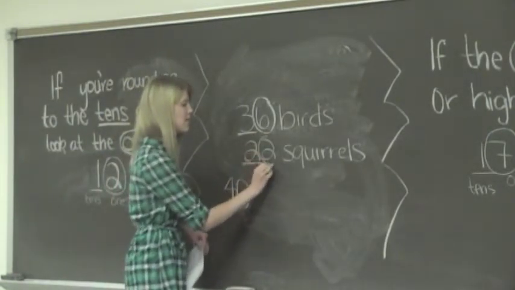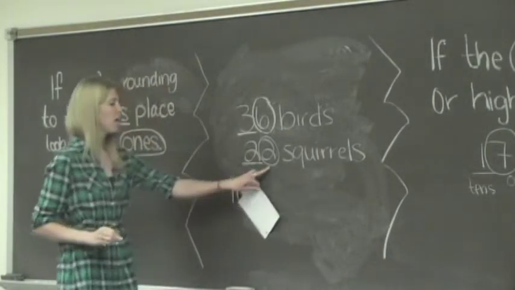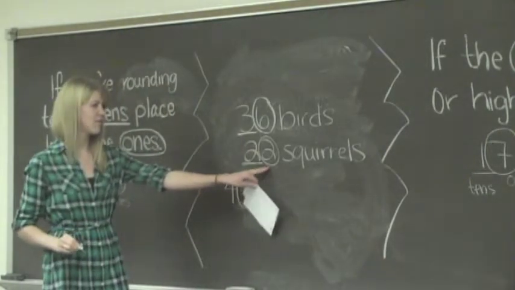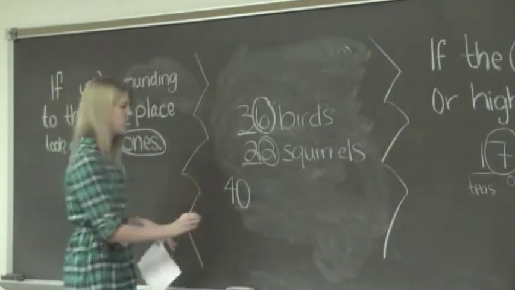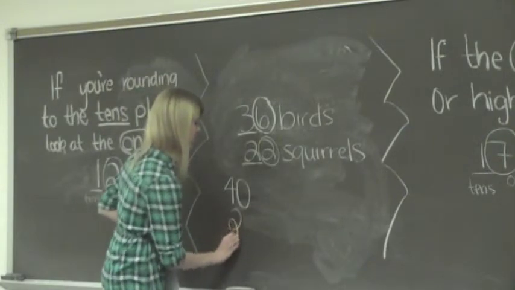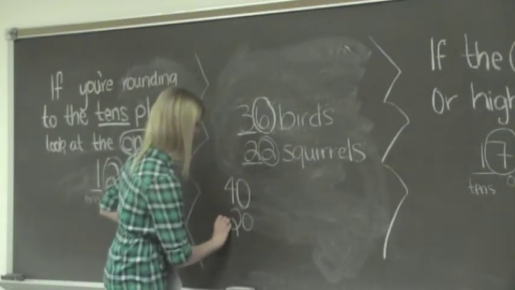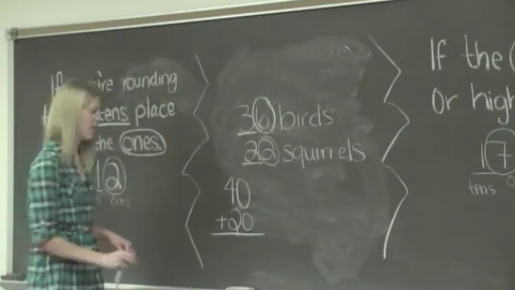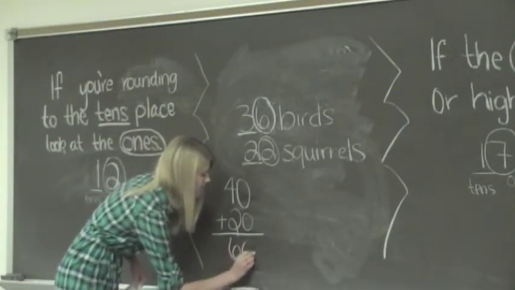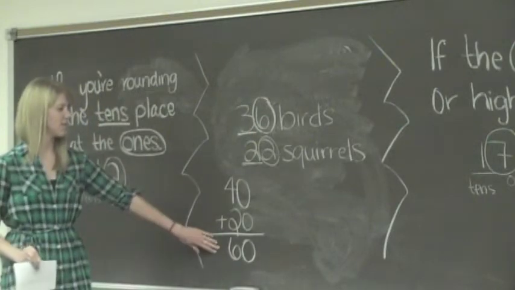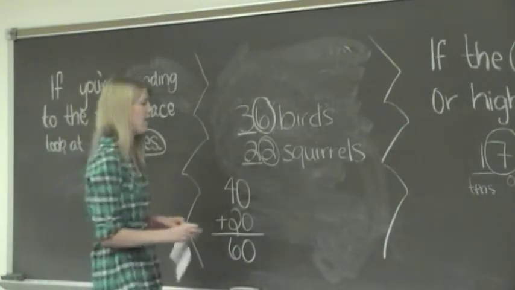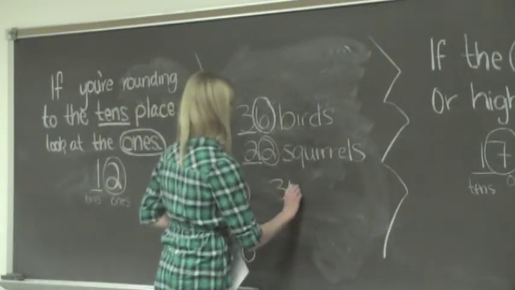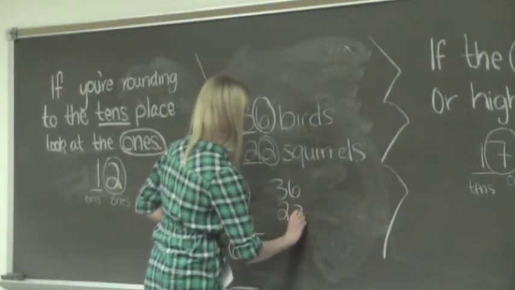Underline the 2 in the tens place, circle the ones. The 2 is not enough to make that 2 a 3, so it's going to stay a 2, and it goes down to 20. Then, since we want to know about how many altogether, we can add them together, and we get 60.